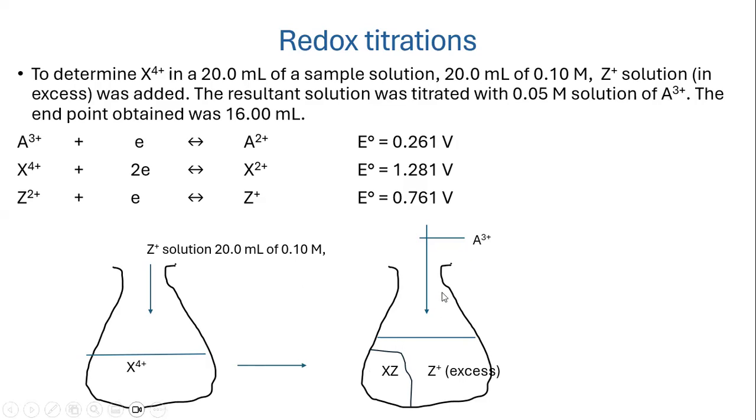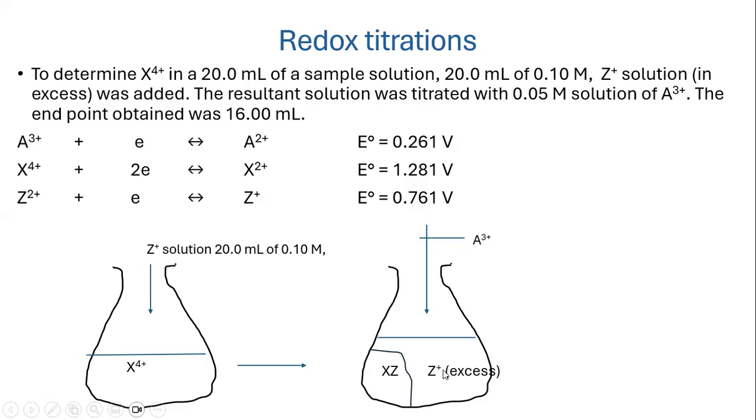Do you understand? Now I am going to add 1 drop of A3 plus. What will happen? When you add 1 drop of A3 plus, all that A3 plus will be converted to A2 plus. But Z, you have a lot. All Z plus cannot be converted to Z2 plus.